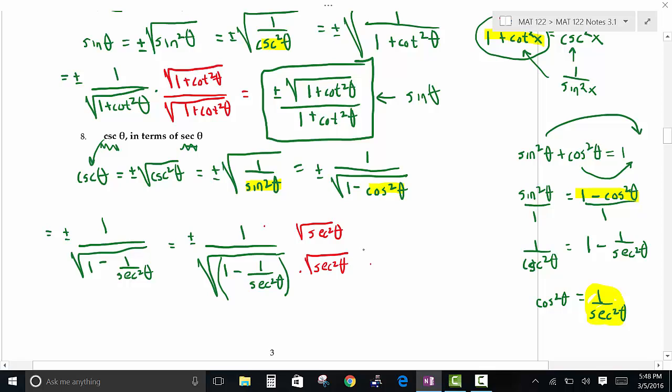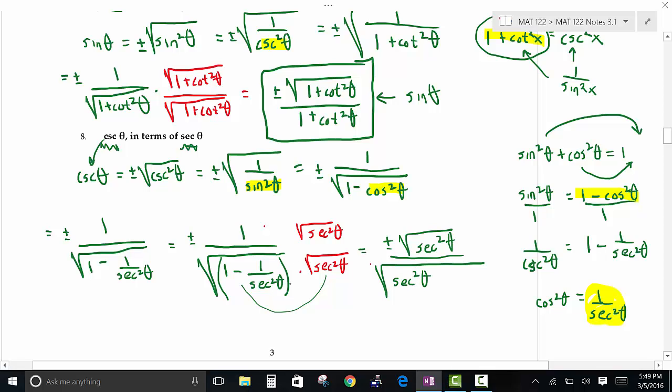So what we're going to have is plus or minus the square root of secant squared theta, which of course is just going to be secant theta anyway. And then that's going to be over, and then you've got to do a distributive property, so you're going to do that times 1, okay? And when you do that, that's now under that radical, so you would end up just having that times that would be secant squared theta, like that, okay?